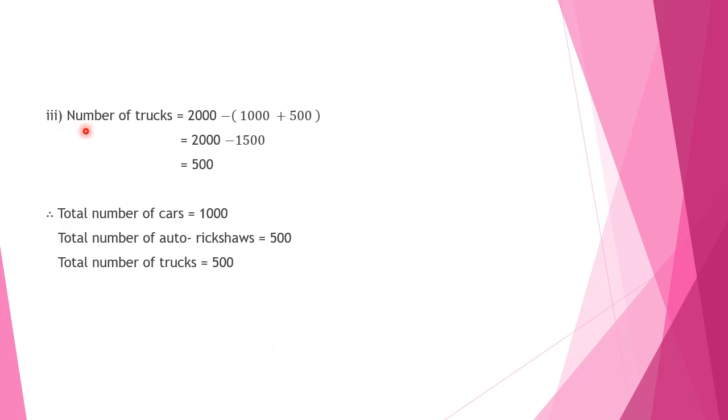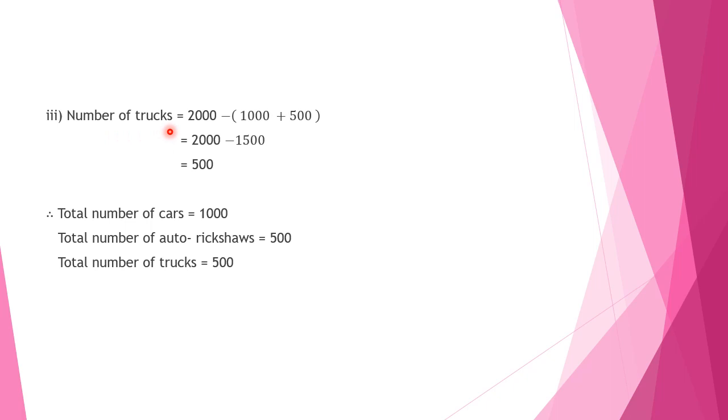Third one, number of trucks. We have to find how many trucks there were. So it is already given. The remaining vehicles were trucks. So total 2000 vehicles. Out of this, 1000 cars and 500 auto rickshaws. So what will you do? You should add the number of cars and the number of auto rickshaws and subtract from the total number of vehicles. Is it clear?